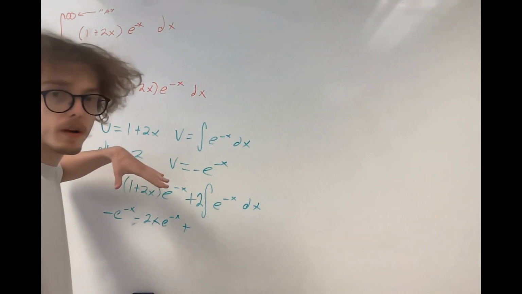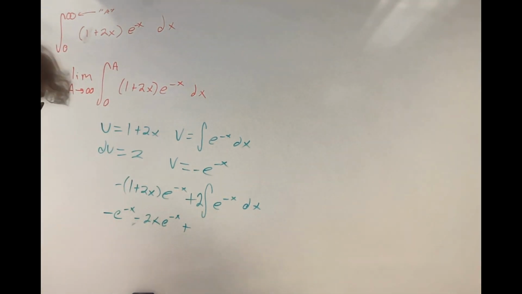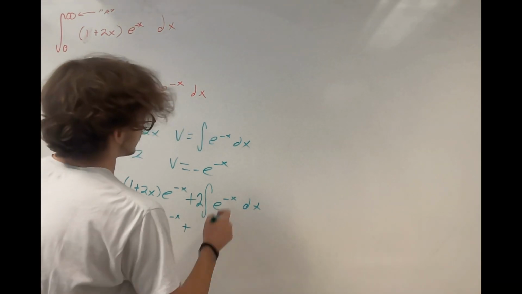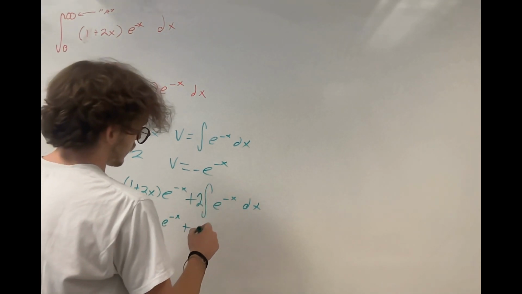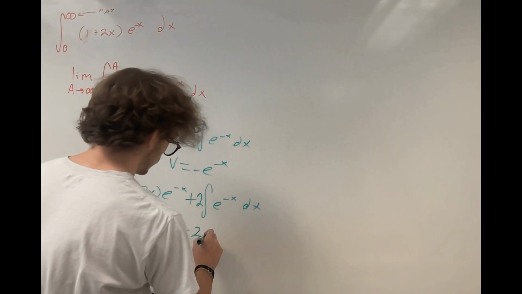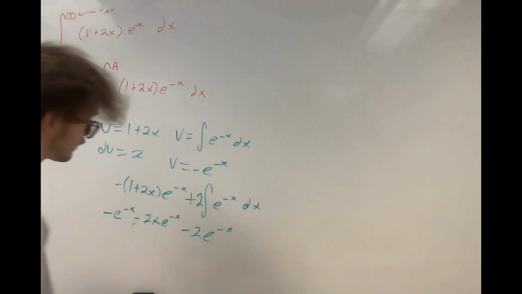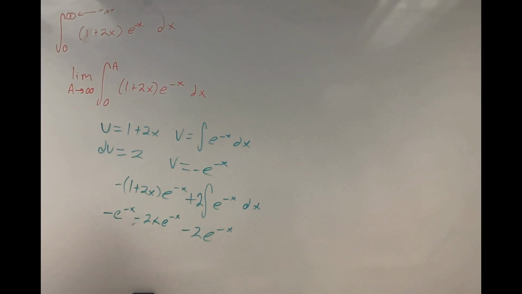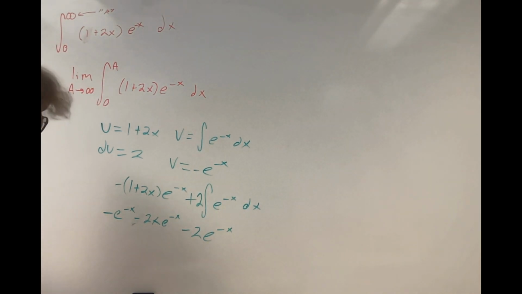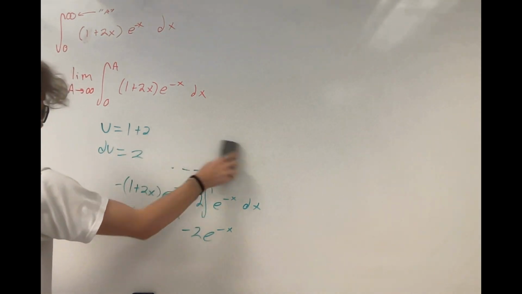So e to the negative x, the integral of that we said was negative e to the negative x. So this is going to be minus 2e to the negative x. Okay, so might be a little tricky here to see, but notice we have the like terms here. I'm going to go ahead and erase this up here to make room.